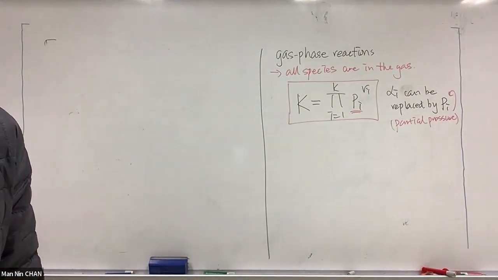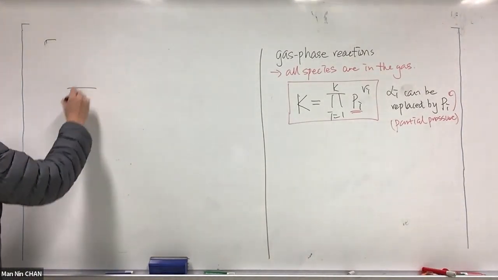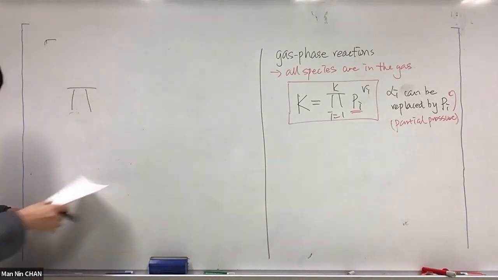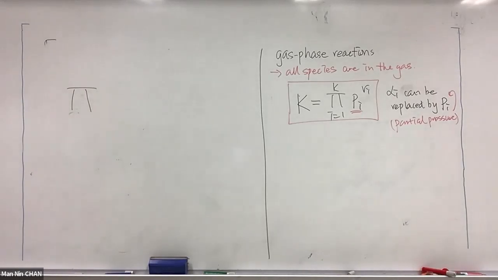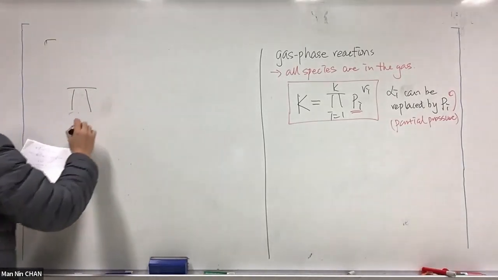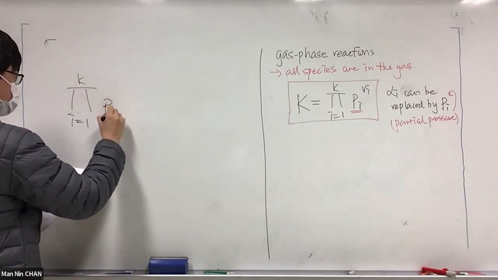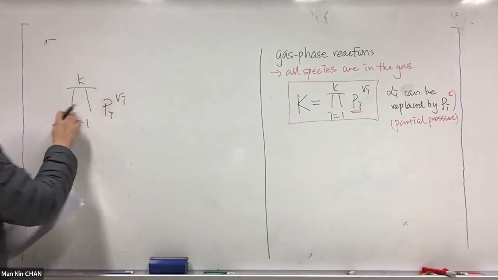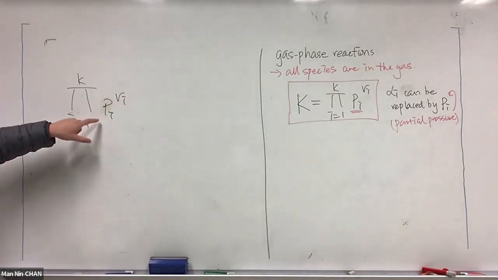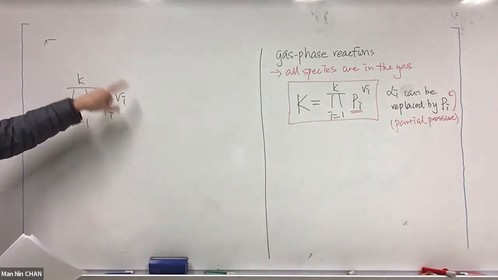So what is the symbol? It looks like pi and the summation, right? I think we are talking about this symbol. So this symbol basically means you just keep multiplying all these terms, okay?